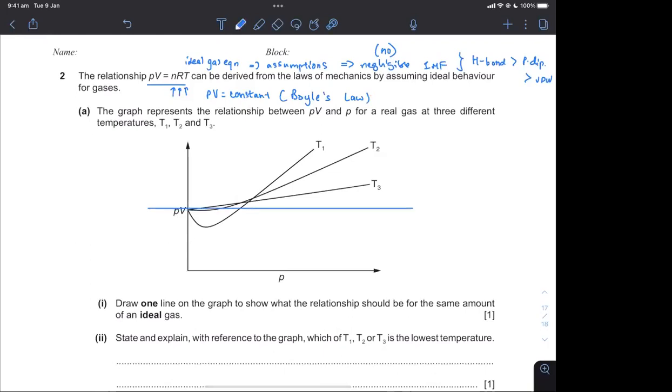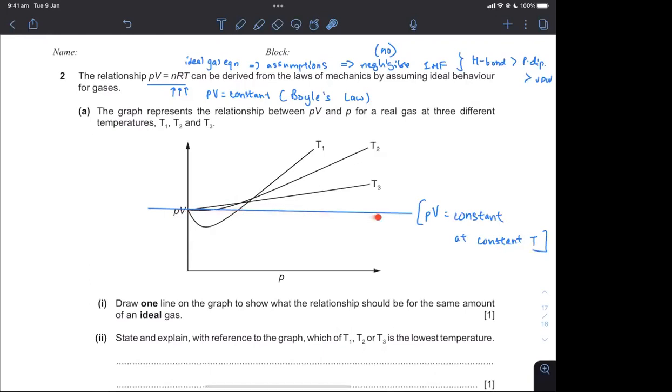By right, PV equal to constant should be a straight line like this because PV is a fixed value. Pressure can change, volume can change. As pressure changes, P times V doesn't change because as pressure increases, volume should decrease if the temperature is constant. That is Boyle's law, something you learn from O-level physics as well, and something you will do in A-level physics as well, I'm sure. But in chemistry, we deal with this concept, the ideal gas equation.